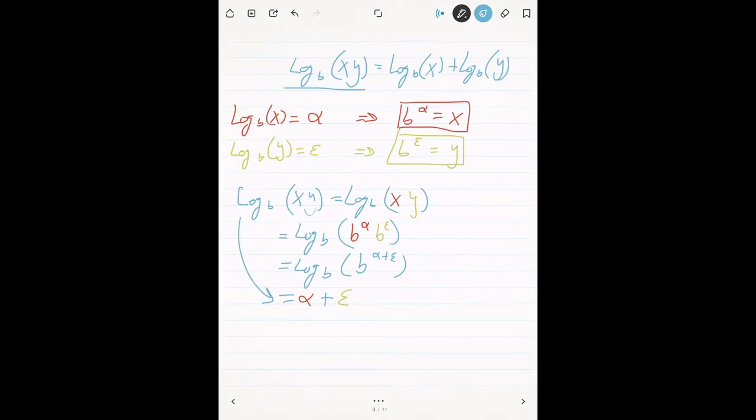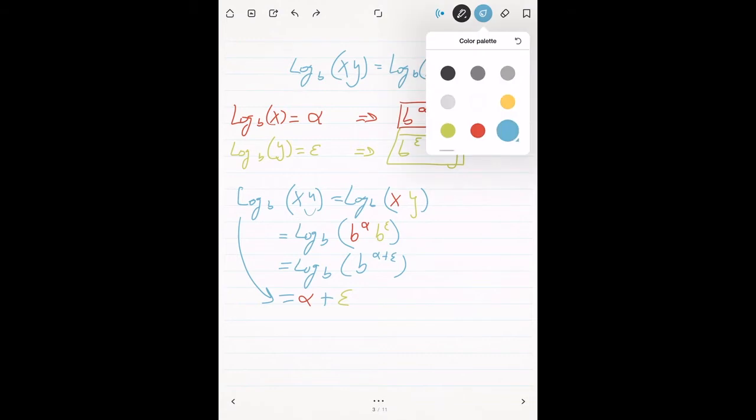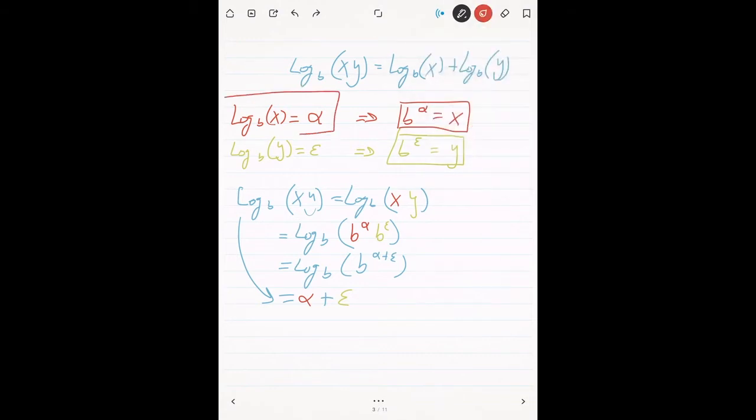Well, how does that help us show this whole statement right here? It's actually quite simple. Take one more look. You know what alpha and what epsilon are equal to, so let's resub those in. Before, we did a substitution for x and for y. Now let's do a substitution for alpha and epsilon. Alpha, we said, is equal to log base b of x.